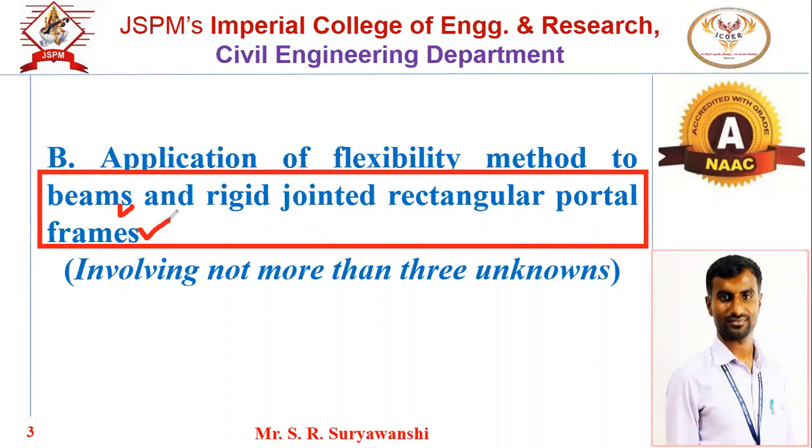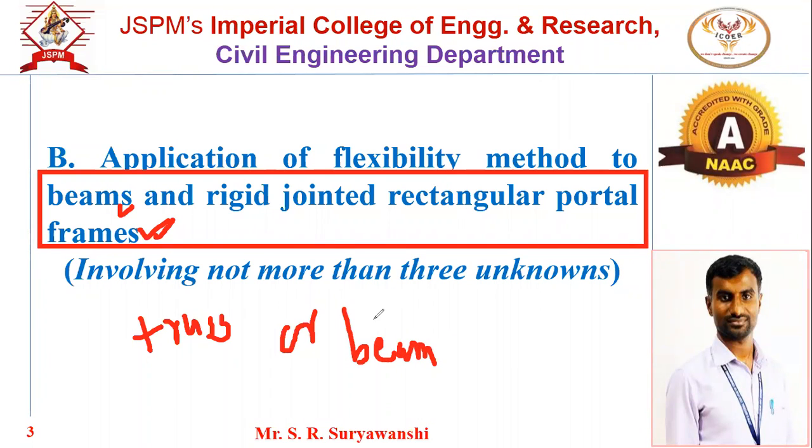In the examination, mostly they will give one numerical from the beam, and the or numerical will be from the frame. I think in one examination only once they have asked a truss example, of course for 10 marks, with the or from the beam.